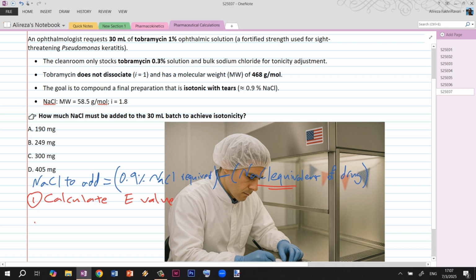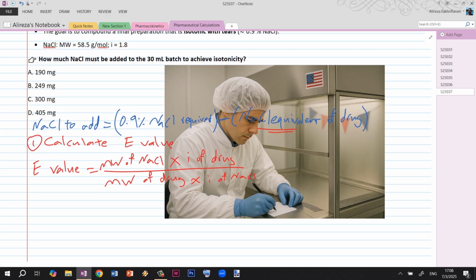And essentially the equation for E-value is E equals molecular weight of sodium chloride times the dissociation constant of the drug, so I of drug, and then in the denominator you have molecular weight of drug times I of sodium chloride.